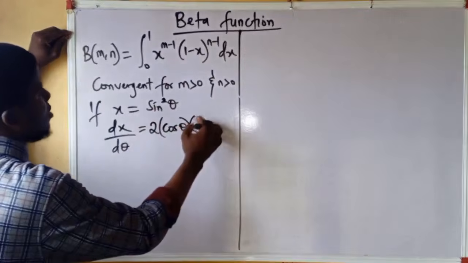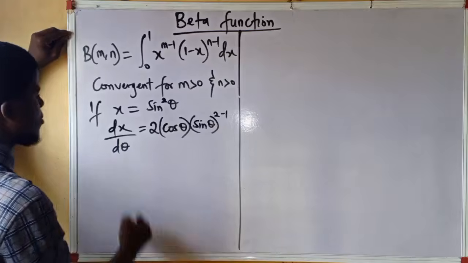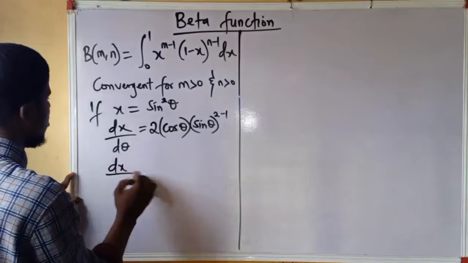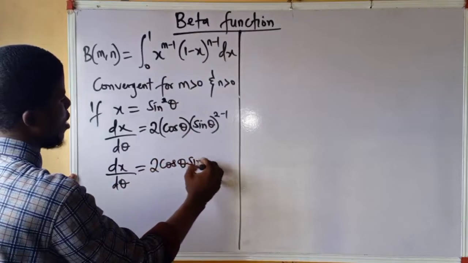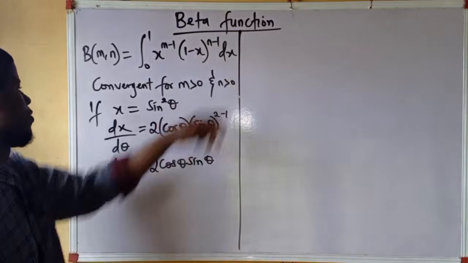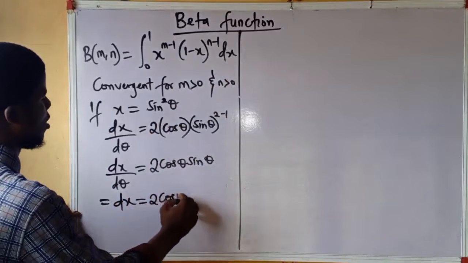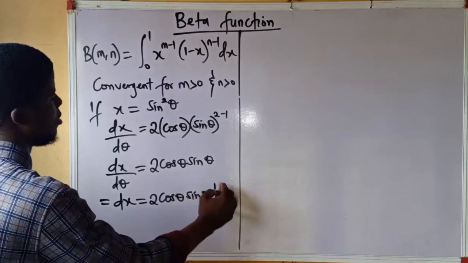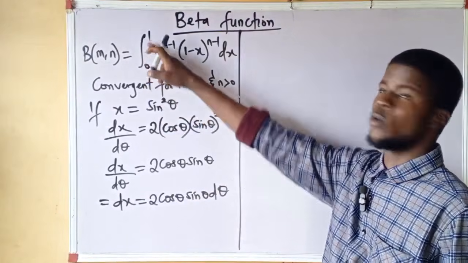Then write sine theta to the power of 2 minus 1. So dx d theta is now 2 cos theta sine theta. So if I make dx the subject of the formula, it will be dx equal to 2 cos theta sine theta d theta.